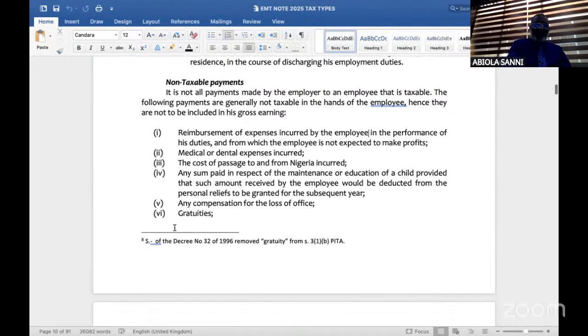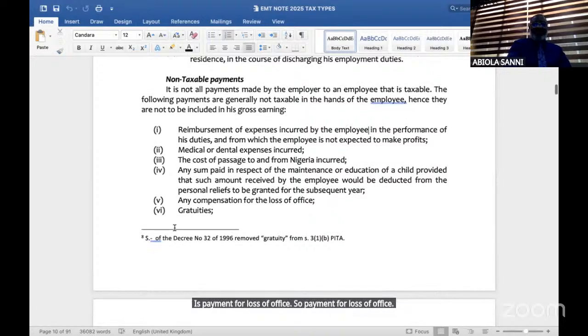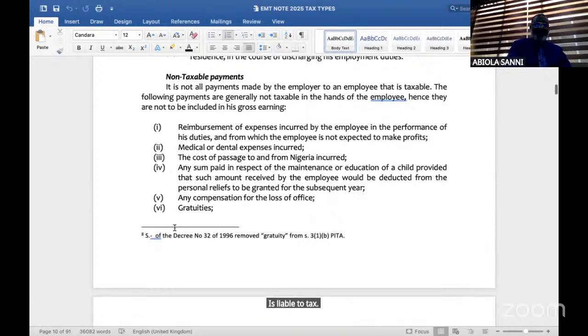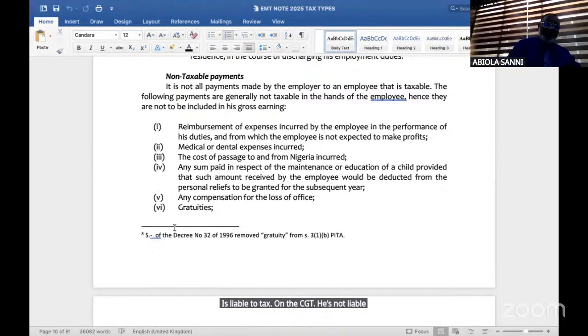Payment for loss of office is liable to tax under CGT. It's not liable to tax under PITA. If you pay a lump sum for loss of office, even when it is exempted under PITA, which has a higher marginal rate of 24%, it is not exempted under CGTA.